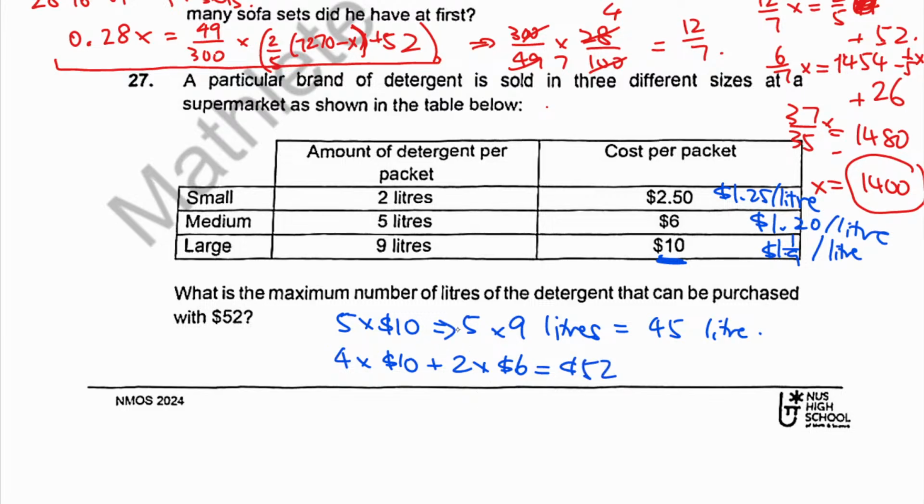And this will be 4 times 9 liters plus 2 times 5 liters, which is equal to 46 liters. Okay, so this is the optimal solution.